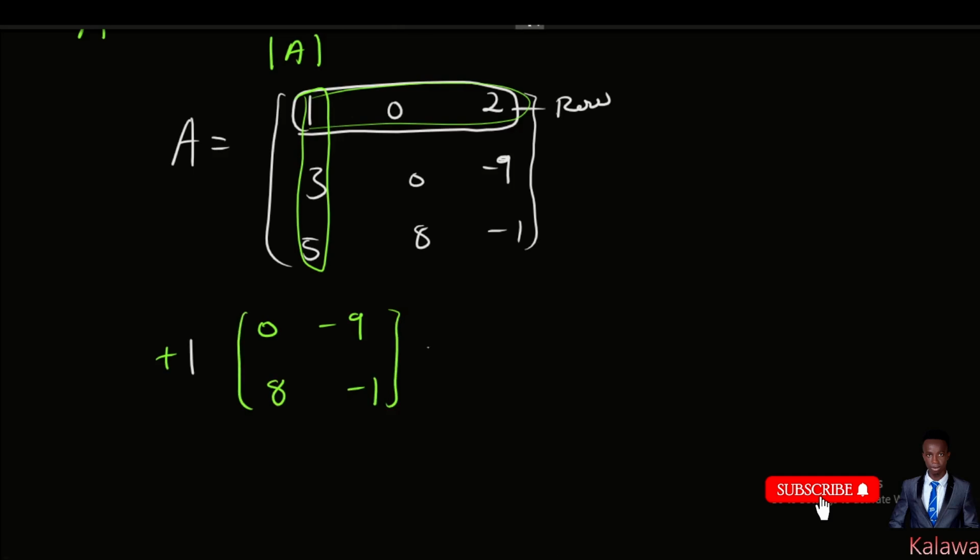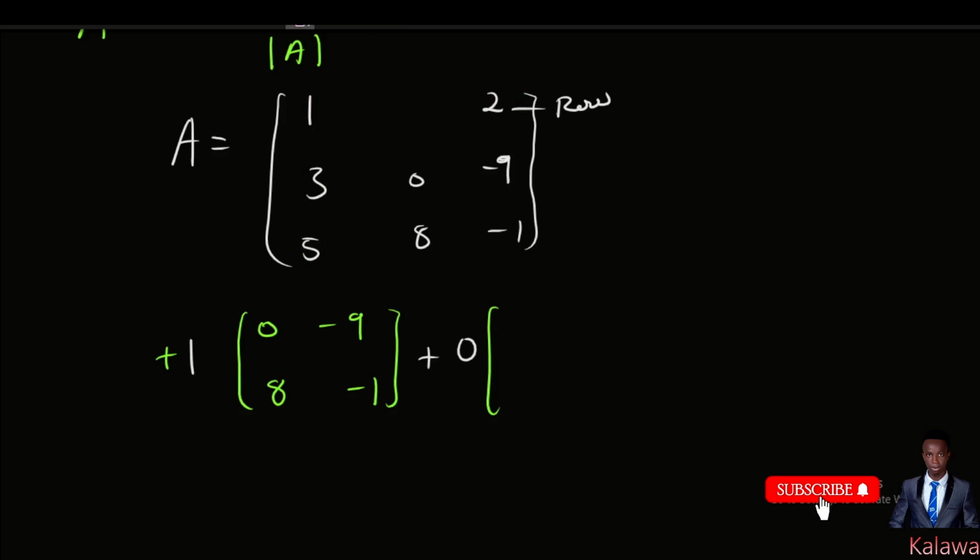And then we have plus 0. We find again the minor for 0. Remember, if we are going to find the minor for 0, we take out the row and the column.